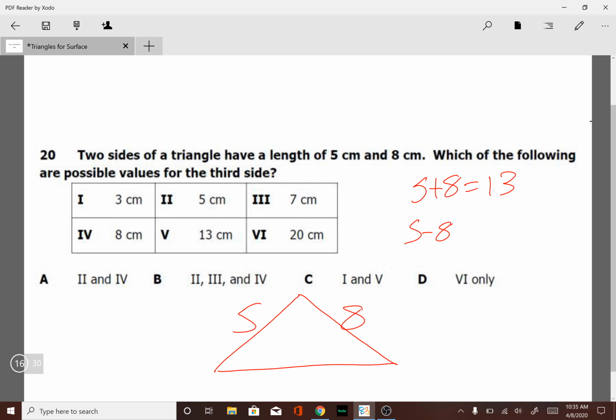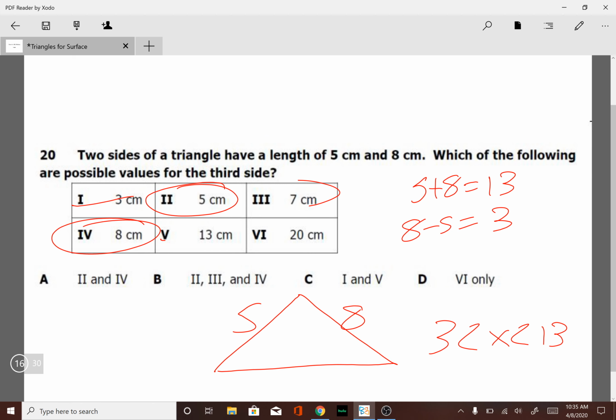Actually, I should do the bigger minus smaller, because we want nothing but positive answers. That's going to give us 3. So anything between 3 and 13. So, nope, yes, yes, yes, nope, and nope. So we're looking for 2, 3, and 4. Yeah, it's B.